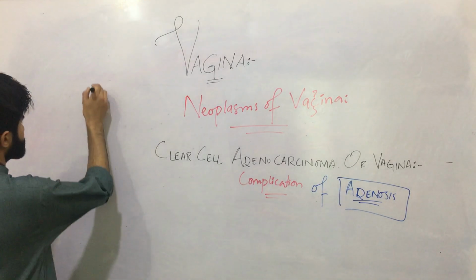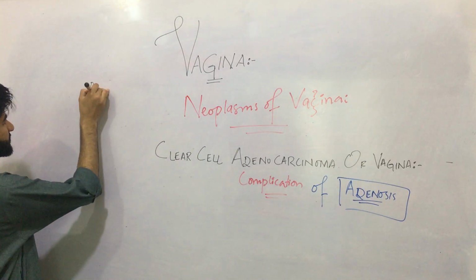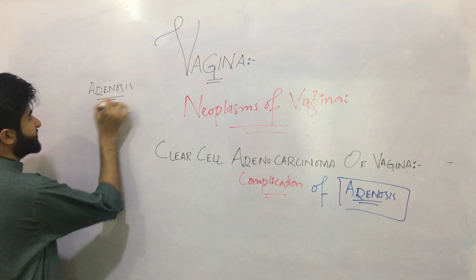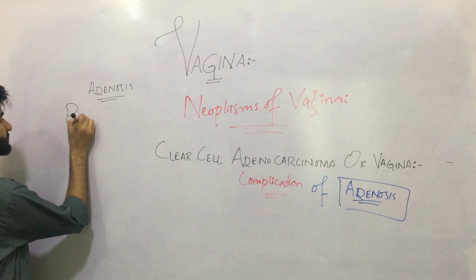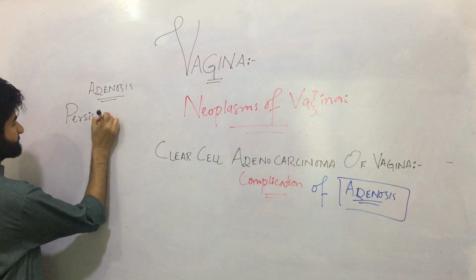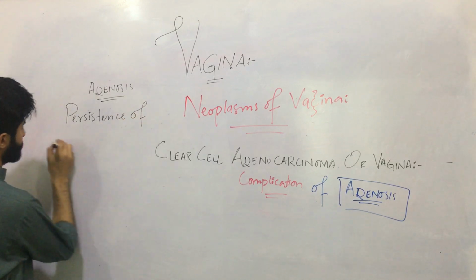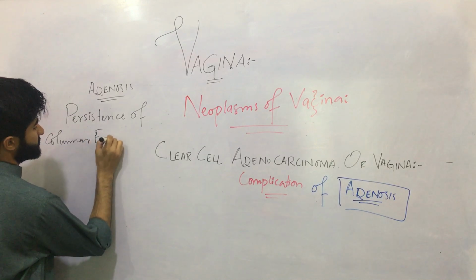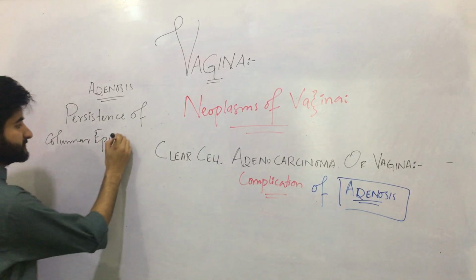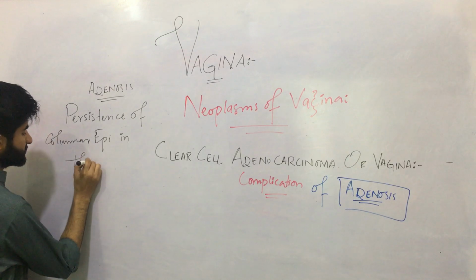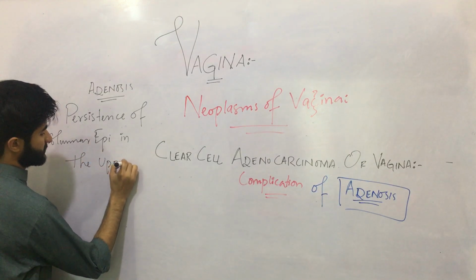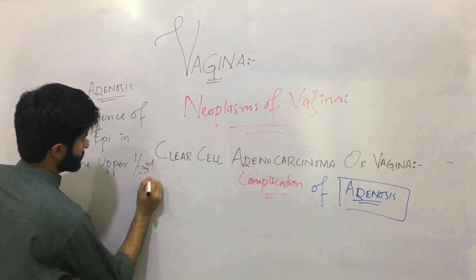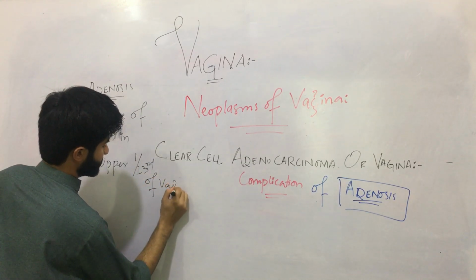Adenosis is nothing but persistence of columnar epithelium in the upper 1/3 of vagina.